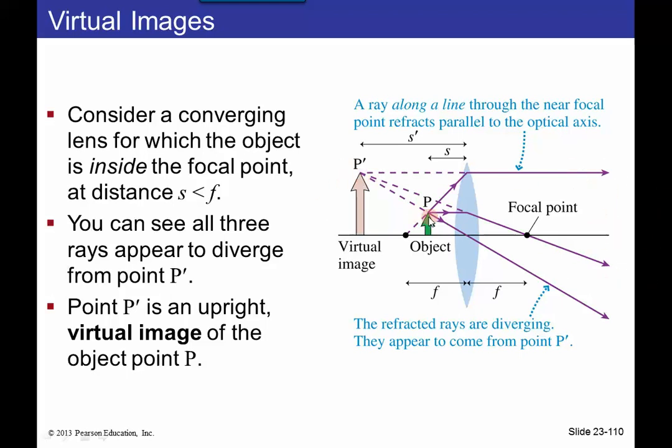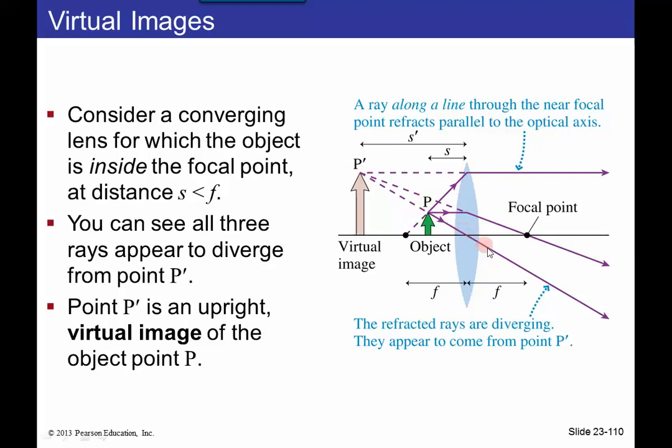So then this is your real object. This is what you're seeing here. And this is your focal point here. If this object is in between the focal point and the center, somewhere here, then light coming from this point is going to look as if it was coming from here.